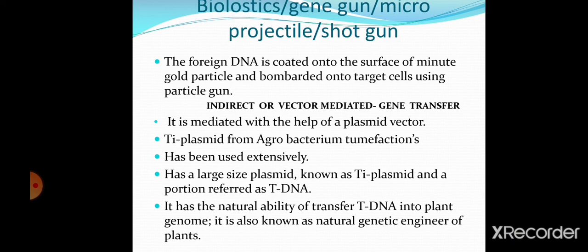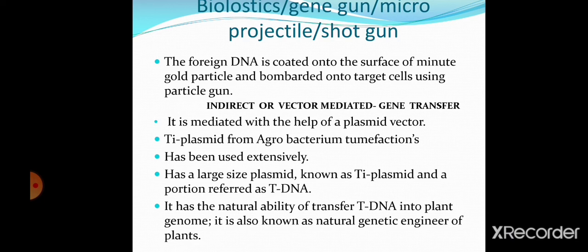Among the various vectors used for plant transformation, the most useful is the Ti plasmid from Agrobacterium tumefaciens. It has been used extensively because its size is larger.